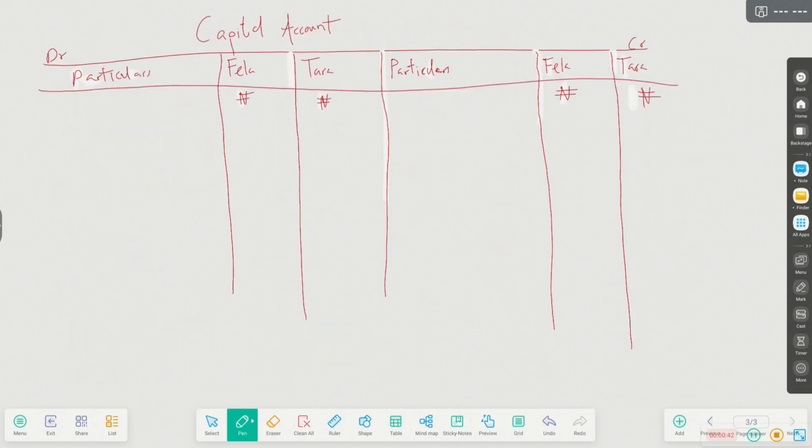So we're going to write, yeah, capital account is a credit account. That's why we're crediting it, right? So we credit the capital account balances. So this balance brought down, and then we have 850,000 for Fela, 650,000 for Tara. Now, no other transaction is entering here, but we have to bring balance c/d to this side to make the account balanced.